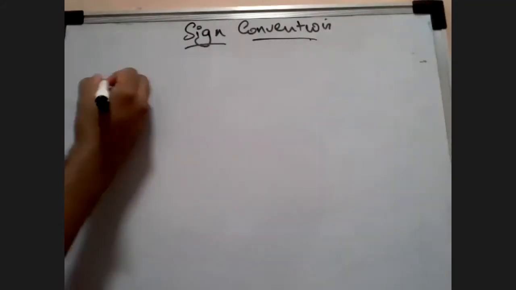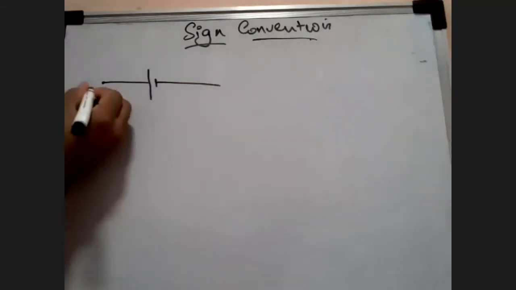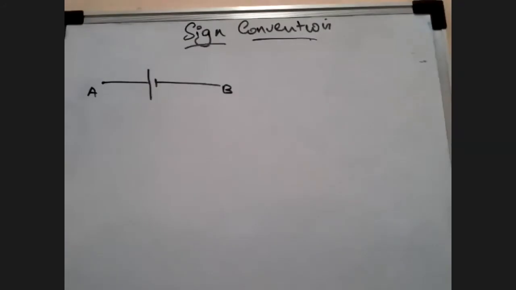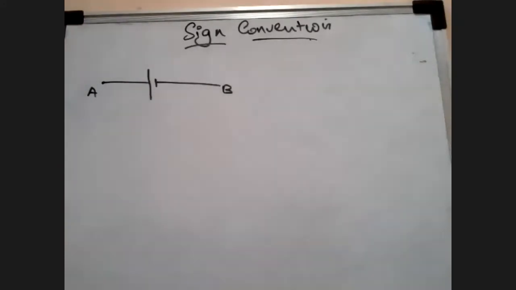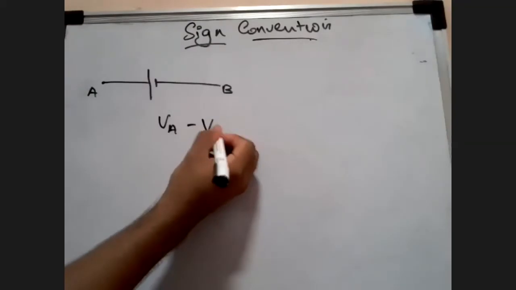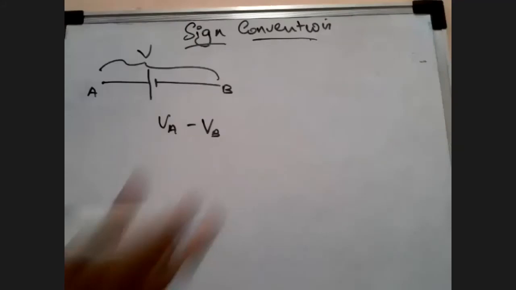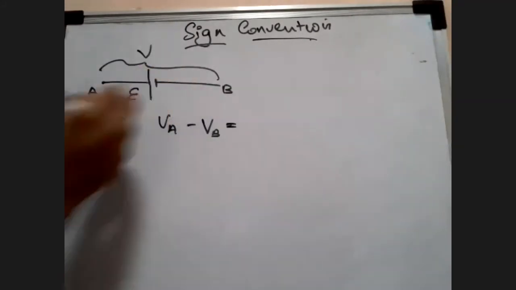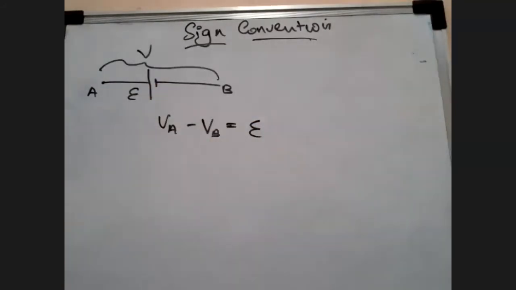If there is a battery right here, and there are points A and B, always remember that right now I'll be walking from A to B. In that case, VA minus VB, which is the potential difference between A and B, if you take this battery to be epsilon, is simply going to be epsilon.